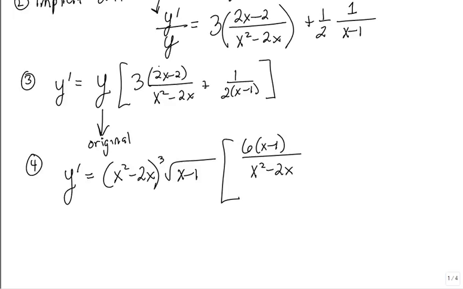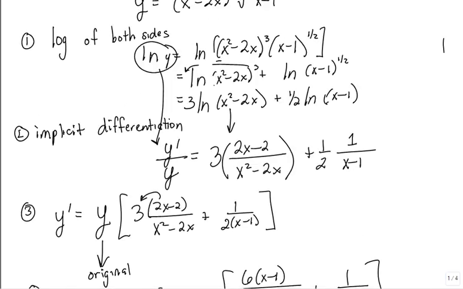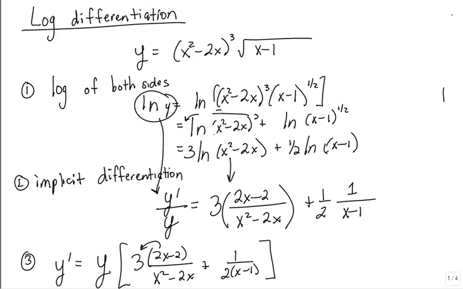I just factored out this 2 and put it with the 3 to get 6. And you can simplify it, but you don't need to. And that would be the final answer. So that's called log differentiation, and you can look at some of the examples I did in the example homework. Okay, so I hope this helps when you look at 7.2 on natural log.